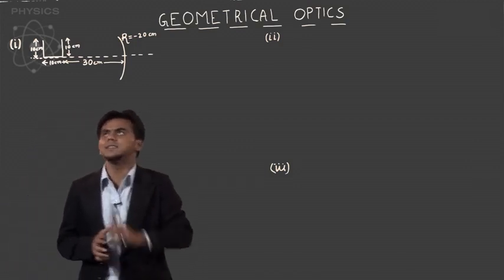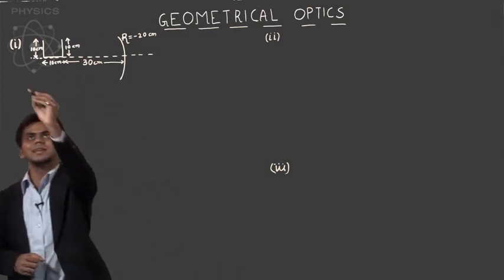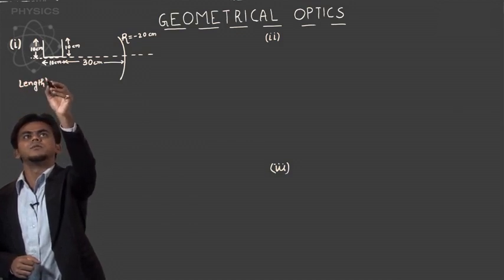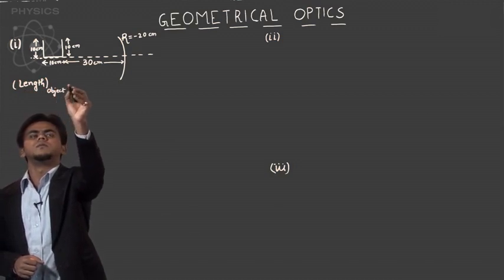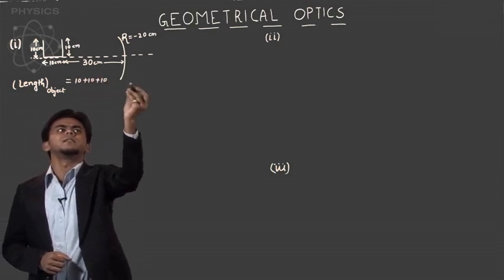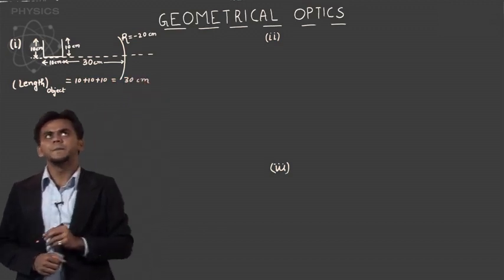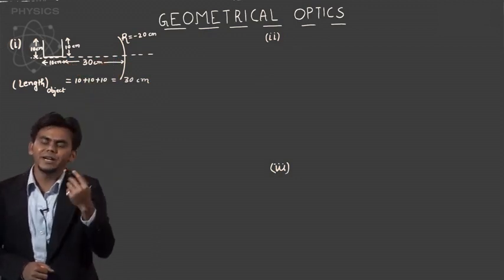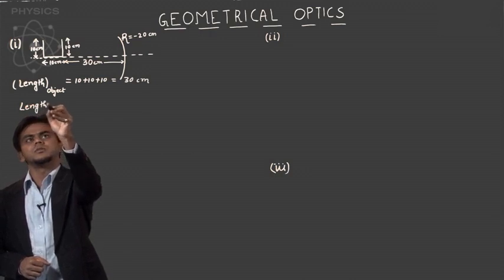Object definitely has 10 plus 10 plus 10, so length of the object is 30 centimeters, right? And it is also situated 30 centimeters away from the pole. What you need to find is the length of the image.